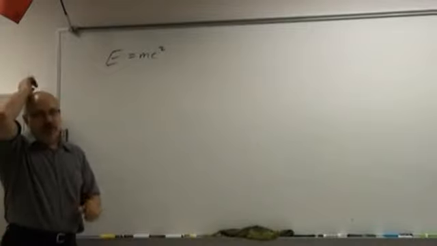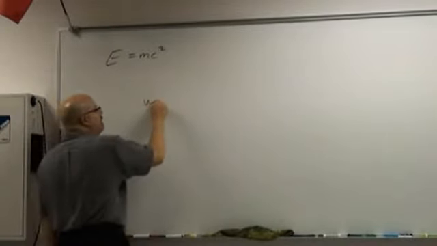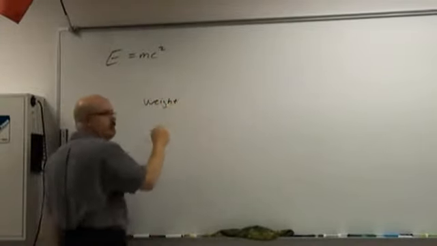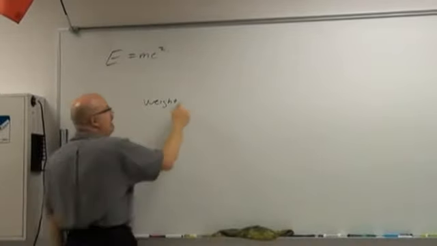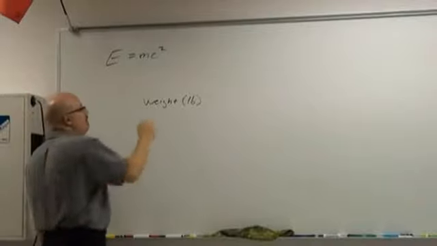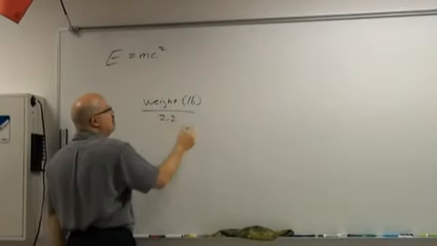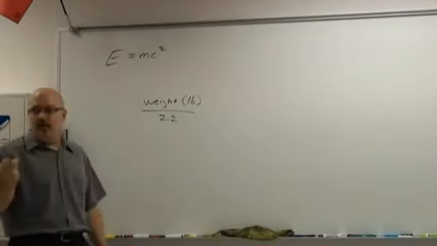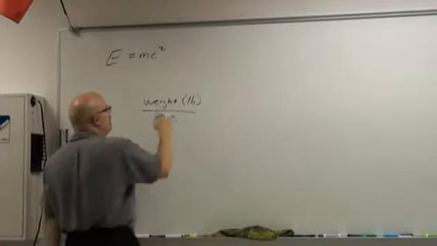Okay, so everybody real quick. Take your weight in pounds. We need to convert that to kilograms. So if we divide that by 2.2, that will give you your weight in kilograms, or your mass in kilograms, all right?